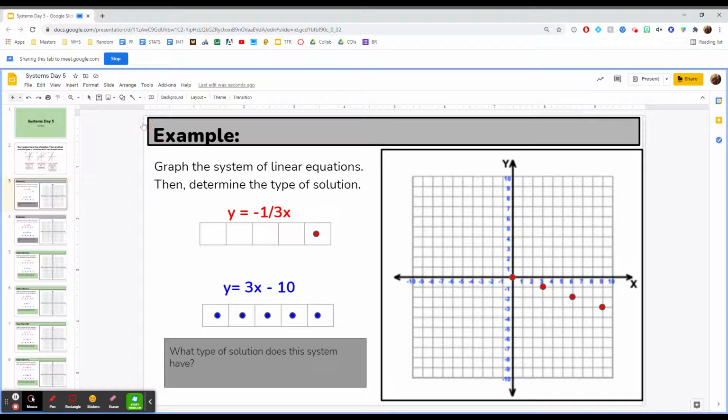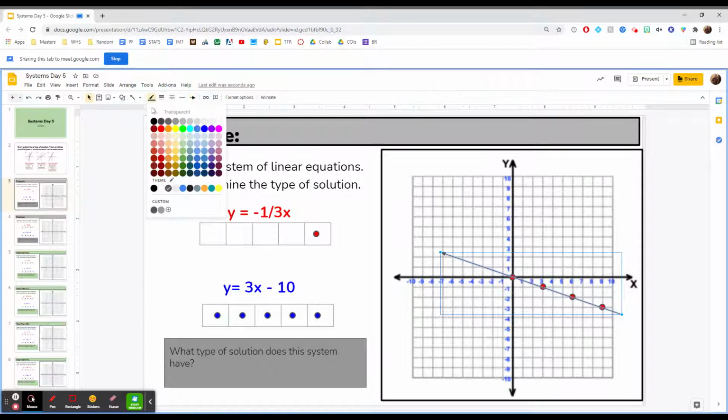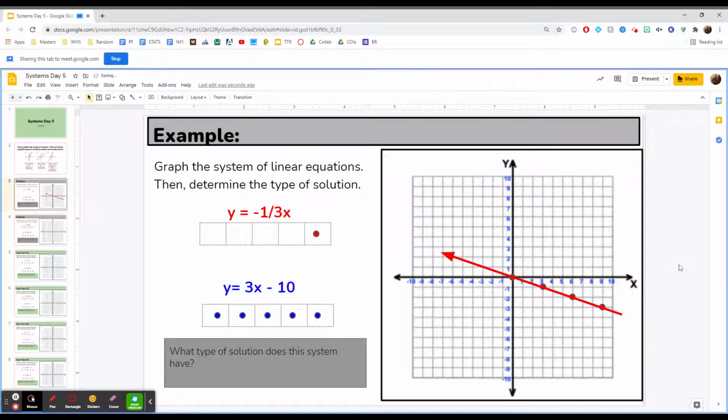You could use the arrow if you want. Okay, so there's my equation, and let me change the color. I'm gonna make it red. Okay, so that's my first line.